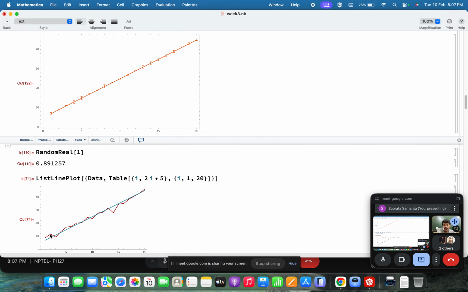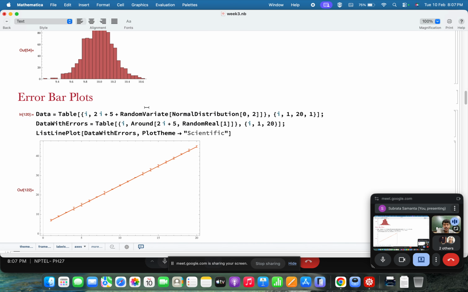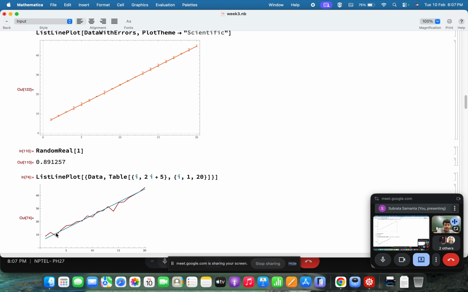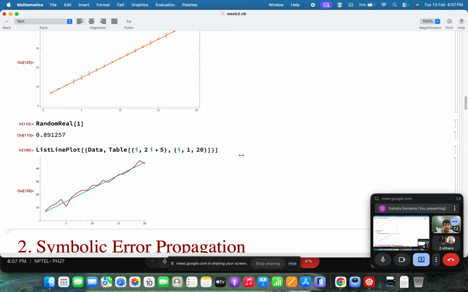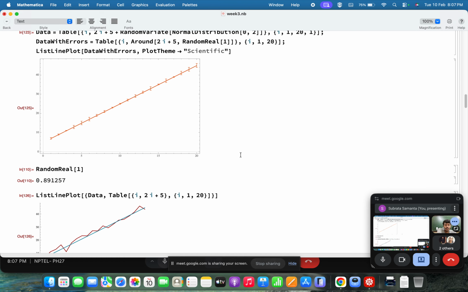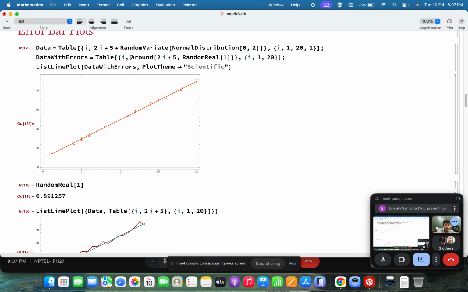When I plot this, this is the red one. This is again random. I assign random numbers, and again I assign random numbers, but these two sets of random numbers are different, so they cannot be the same. That is why, when you show the error bars with this randomness, the two are not equal. Because here I use some random number for each point, and here I also use some random number while showing the error bars, but these two are different numbers.